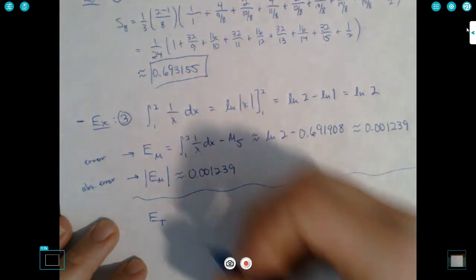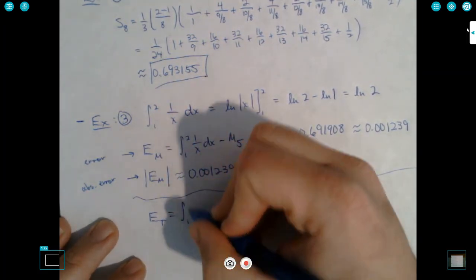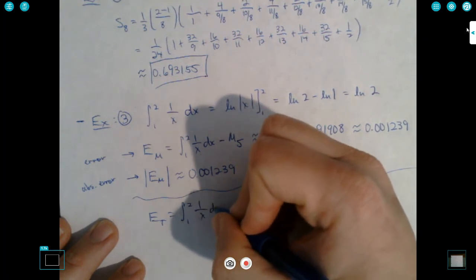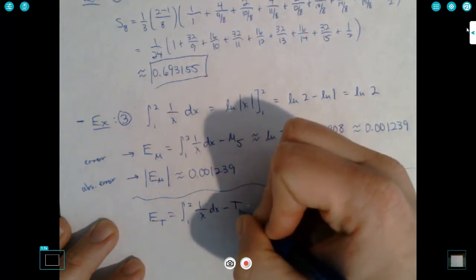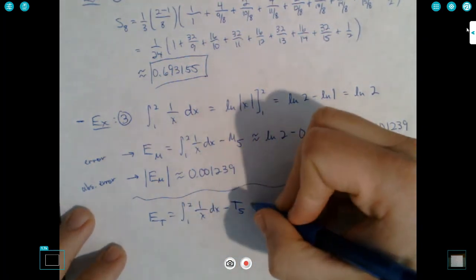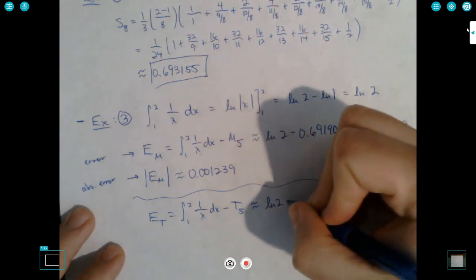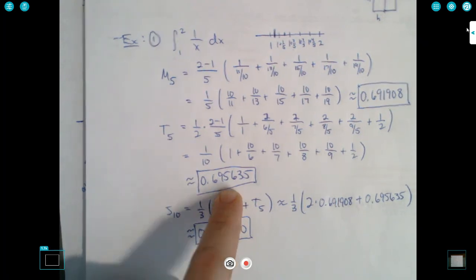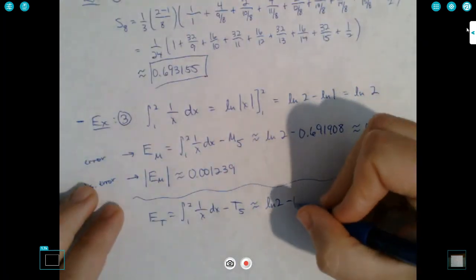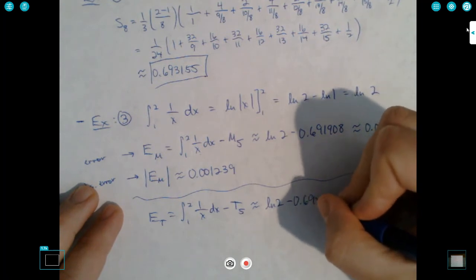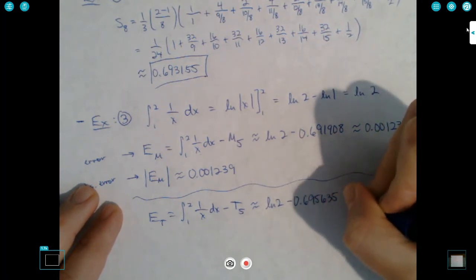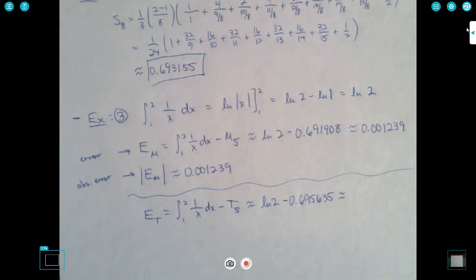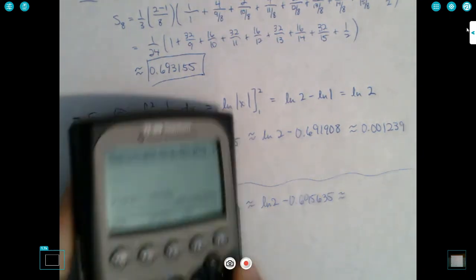So the error on the trapezoidal rule is going to be the integral from 1 to 2 of 1 over x dx minus T5. So that's approximately ln of 2 minus, for the trapezoidal rule, the approximation we got was 0.695635. And we can punch that into our calculator.